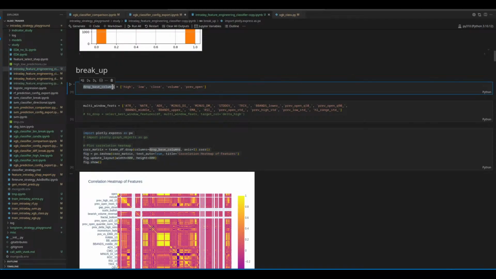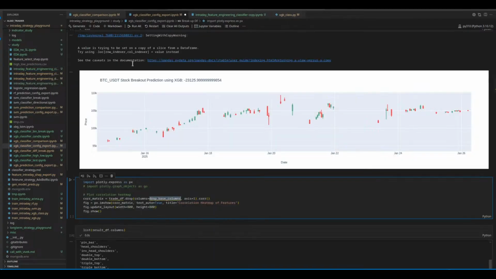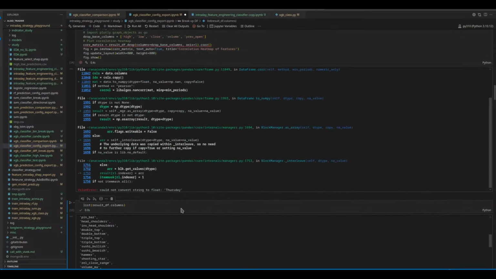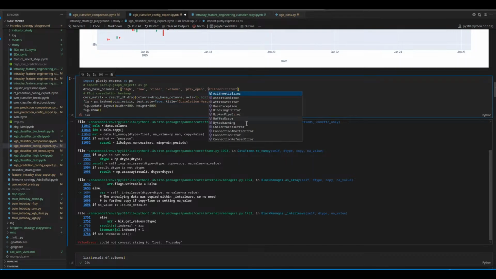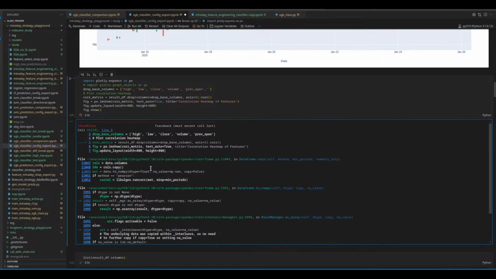Okay, this is what I want. Drop base columns. Okay, so high, low, close, previous open. Result df. Could not convert to string, but which column is it?